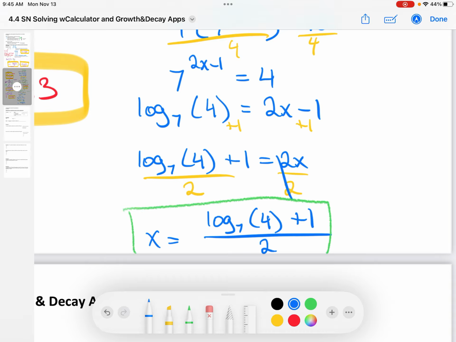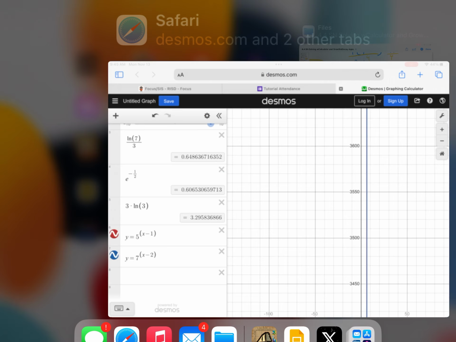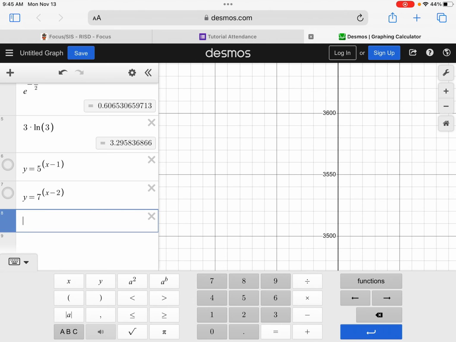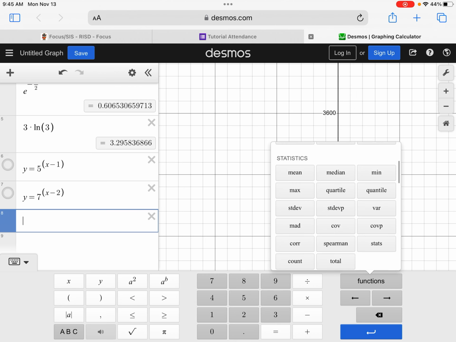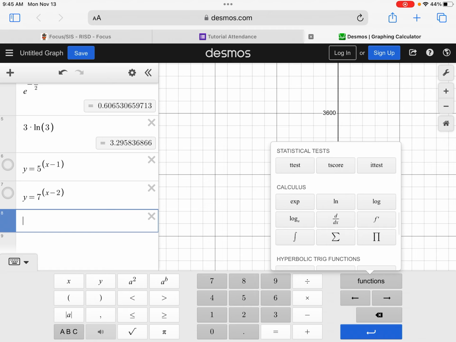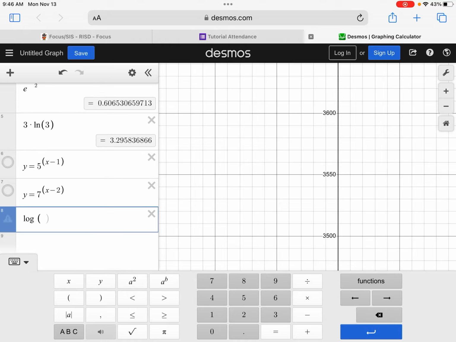And then to put this into the calculator, turn those graphs off, go to functions again and go down to that calculus group, and the button that's highlighted here that says log and has a base of A is what we need, because it gives you a space over here to put the 7 in for the base.